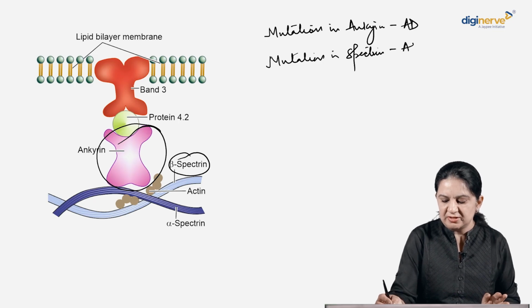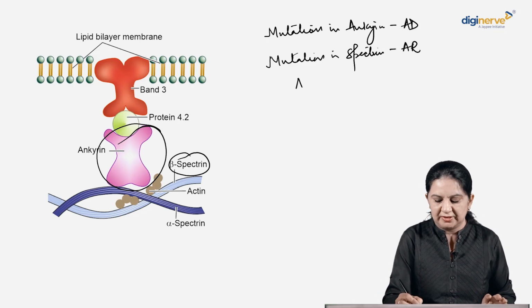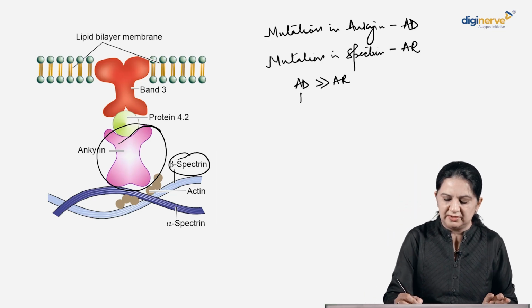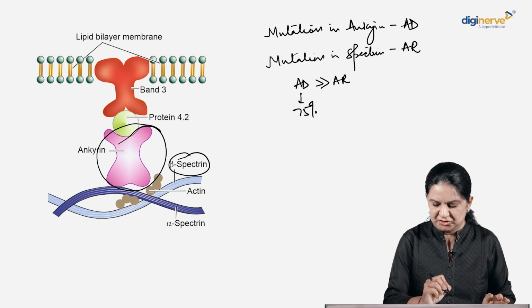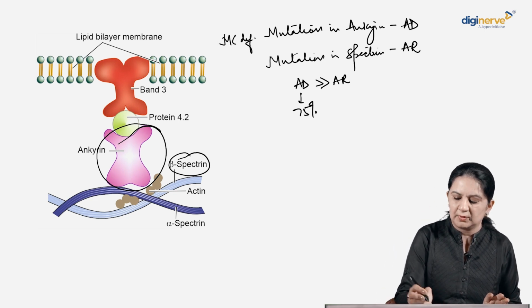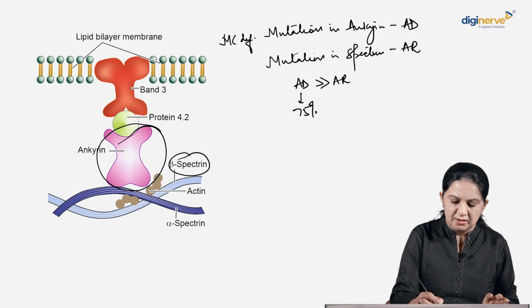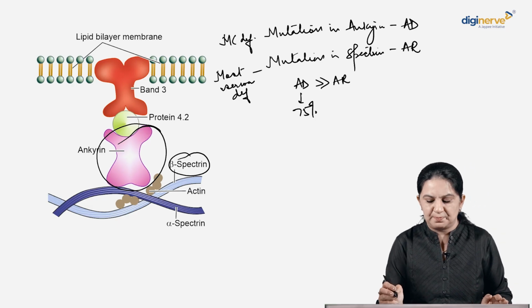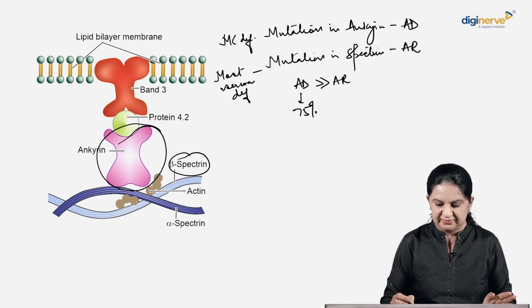Please remember this is an autosomal recessive disorder, and autosomal dominant is much more common than autosomal recessive. It is seen in around 75% of patients. So the most common defect is mutation in ankyrin. The most serious defect would be spectrin mutation. Why? Because this is autosomal recessive.